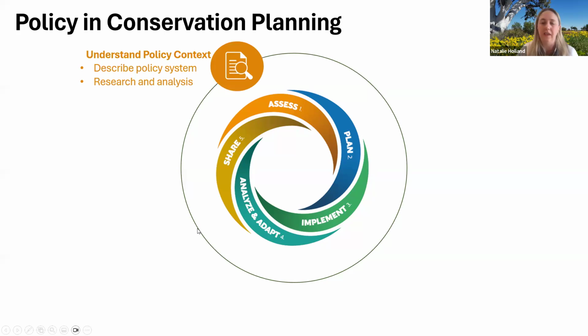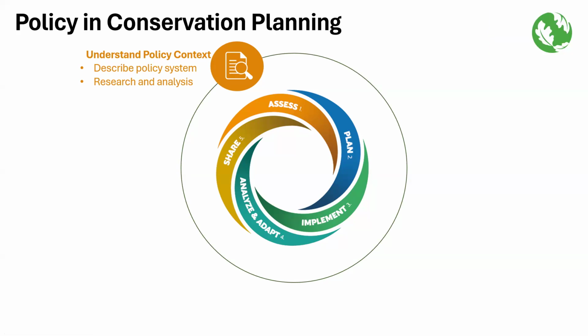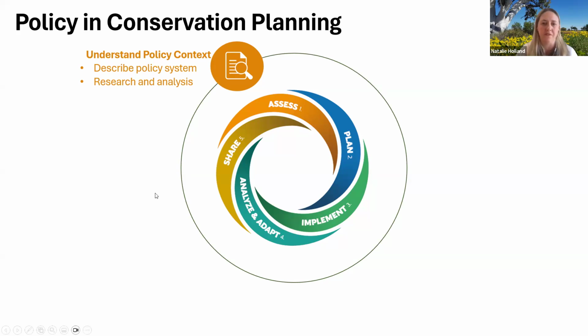So firstly, in the assess phase, the focus here in relation to policy is on understanding and describing the policy system. And one of the tools I'm going to take you through is something that we use to help teams try and describe the current policy system and to understand which elements of that policy system they're looking to change. And there may be specific research and analysis that's needed to support that.